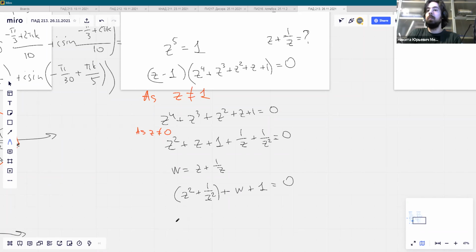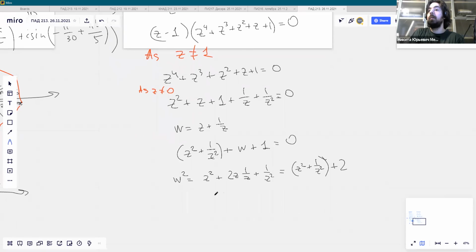Indeed, W squared is Z squared plus 2Z times 1 over Z plus 1 over Z squared. That is Z squared plus 1 over Z squared plus 2. Here Z cancels. This means that I can pass from this to the following.